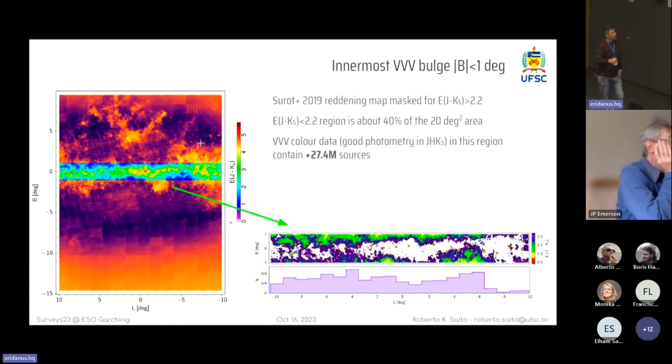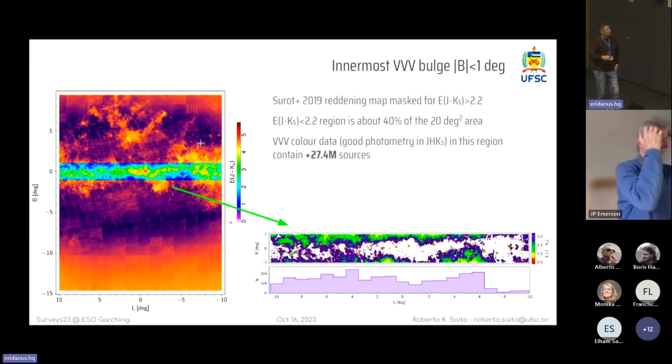And we have this: the regions in green and blue are the cleanest regions inside minus 1 and plus 1 and plus 10 and minus 10. The more extincted regions were just masked. So it's still about 40% of this region here, and a lot of stars.